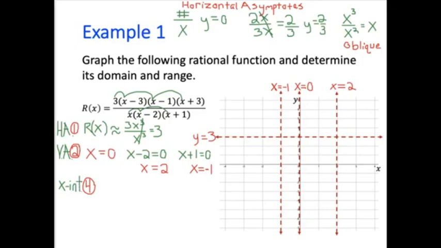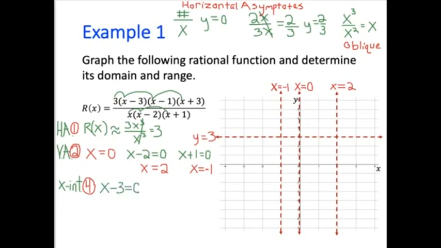X-intercepts occur when we have zeros in the numerator that aren't also in the denominator. So if you look at the numerator, we have 3 factors here, x minus 3, x minus 1, and x plus 3. We're going to set each of those factors equal to 0 to find our x-intercepts. So if I take x minus 3, I set it equal to 0.